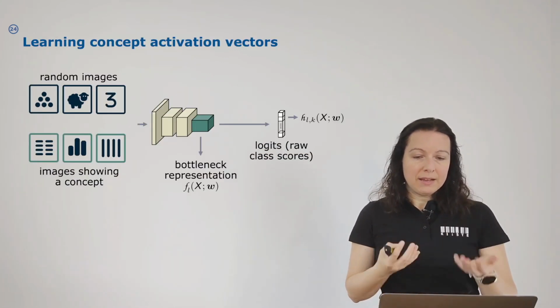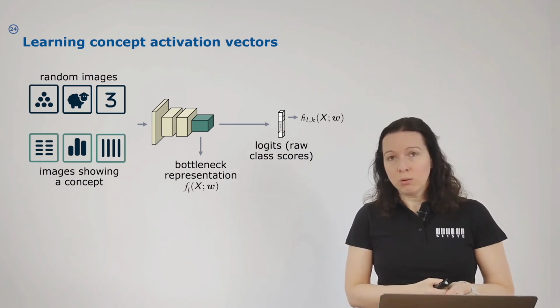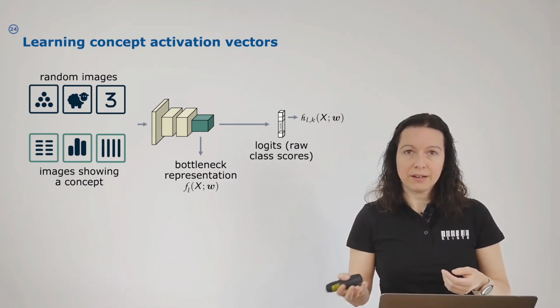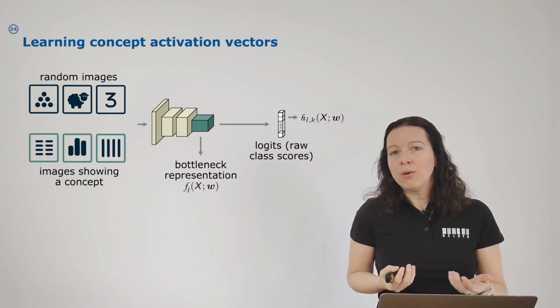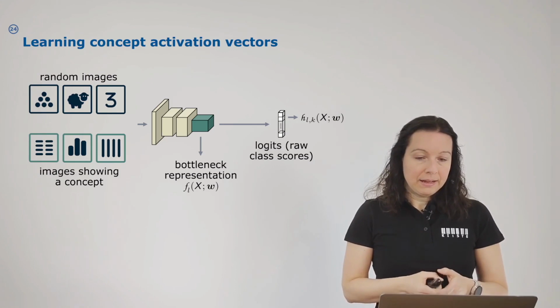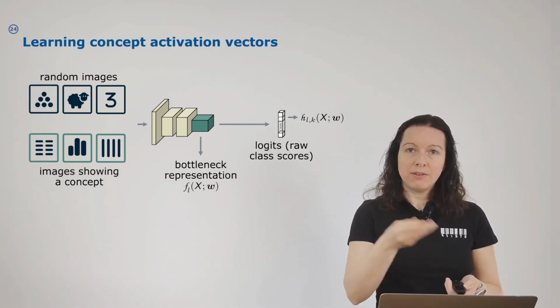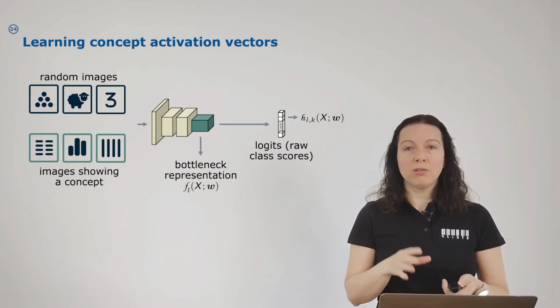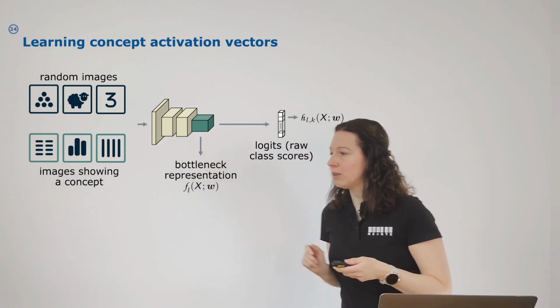Such concepts are learned and represented by so-called concept activation vectors, short CAV. So how can we now learn or calculate them? To calculate the concept activation vector of a specific concept, we need to prepare two data sets. These two data sets are illustrated here.